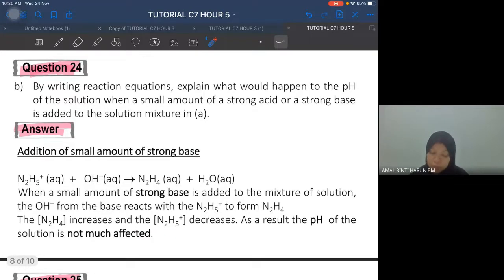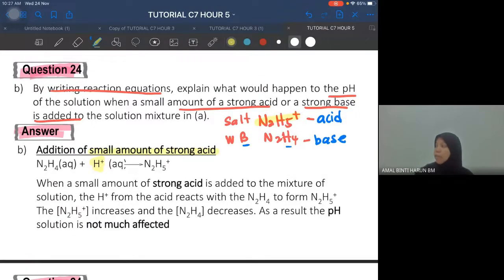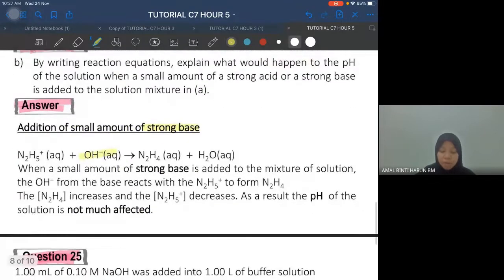Next, masih yang sama kalau strong base is added. So we put the OH minus. Kalau kita letak OH minus, of course the acidic component akan neutralize the base added. So this is the acidic component, the salt of the base. And then when base is added, base is neutralized by the OH minus.